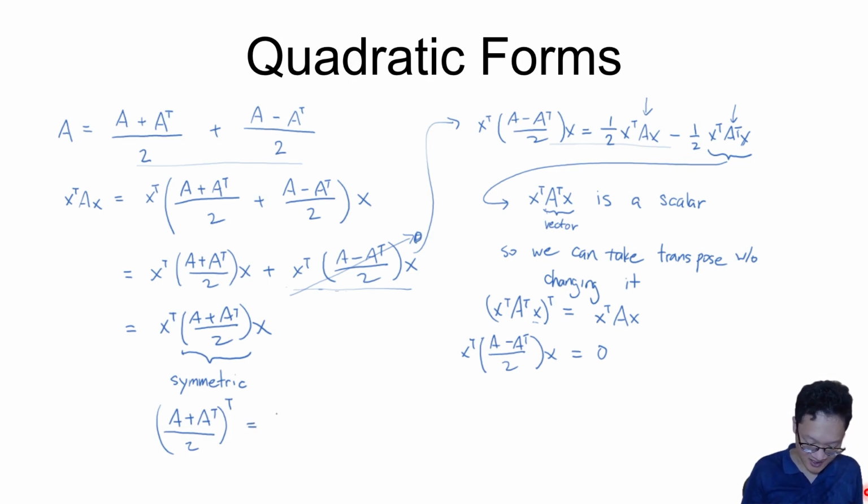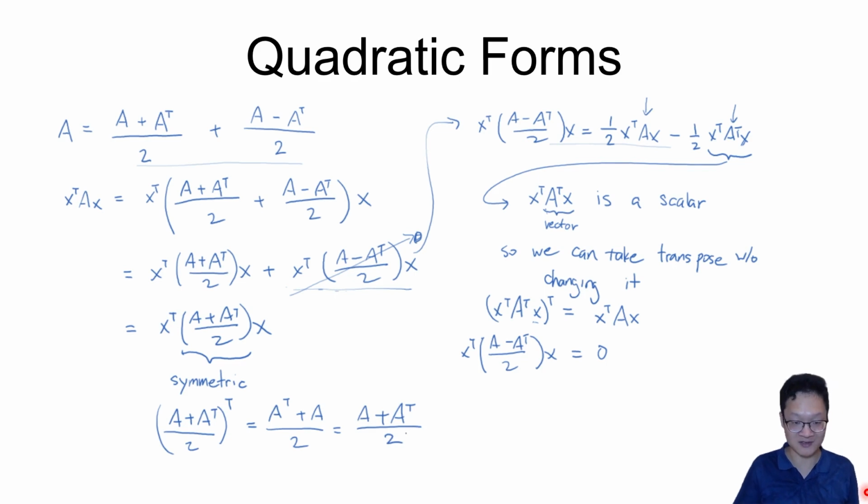So we get A transpose. So when we're adding things and then taking the transpose, we can simply take the transpose and then add. So A transpose plus A transpose transpose, that gives us back A. And of course, over 2 doesn't really change, right? So you can see that this is actually just equal to A plus A transpose over 2 because the order of addition doesn't matter.